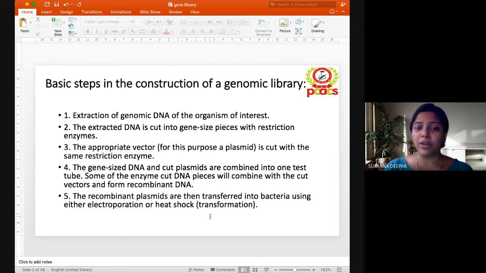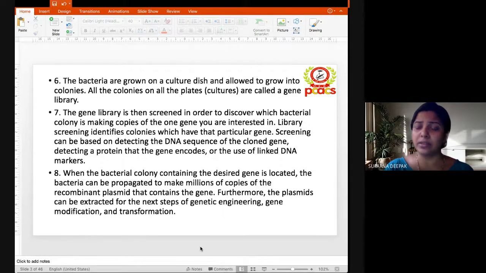Then the recombinant plasmids would be screened using whatever screening mechanism is appropriate for the vector, and then transferred into bacteria. Using different methods, either electroporation or transformation, any kind of method can be used so that the host cells take up the recombinant vectors.